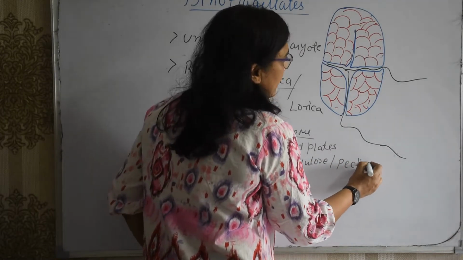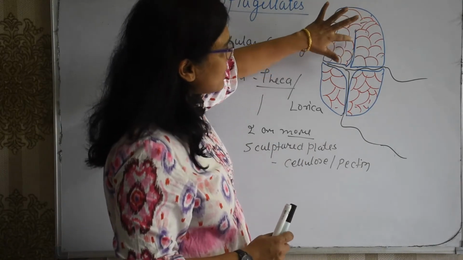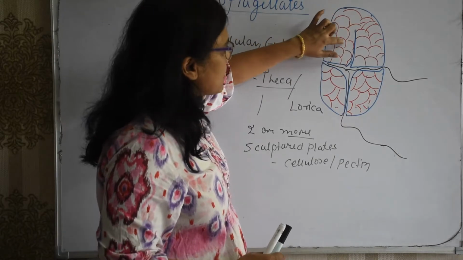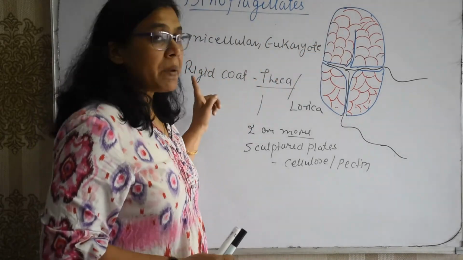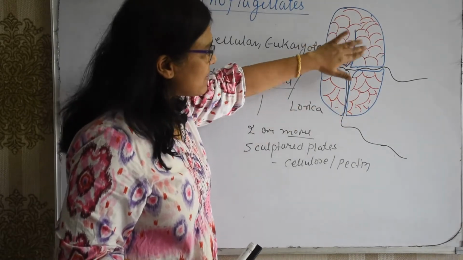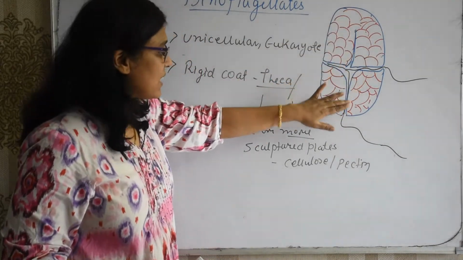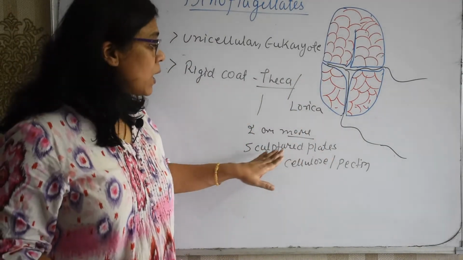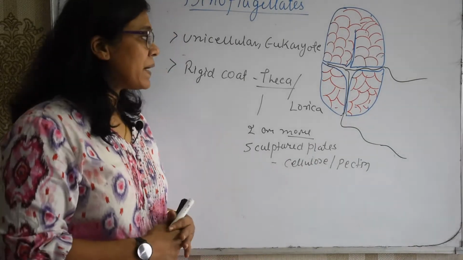So in the diagram you can see here, which I have shaded with red color, that is the sculpted plate which constitutes the rigid coat which makes the theca. So this is the theca which forms the outer coat of the dinoflagellates and which is made up of two or more sculpted plates of cellulose or pectin.